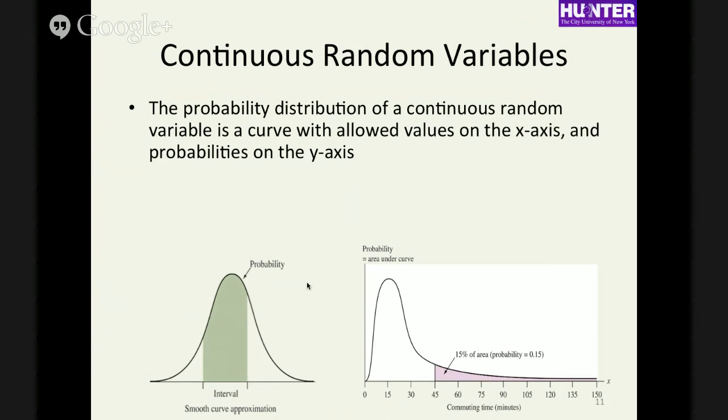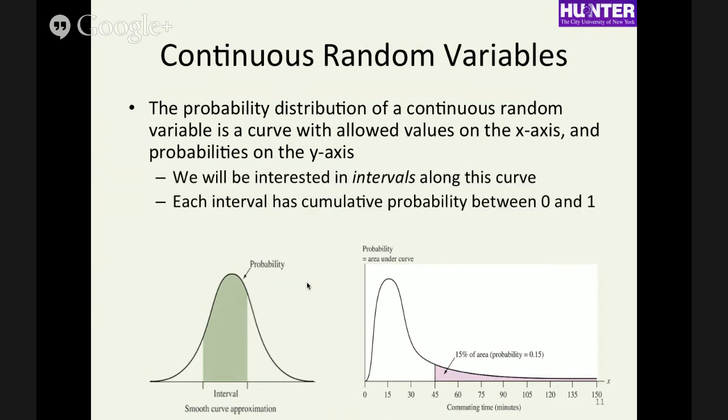So the x-axis here is the value of the variable. So if it's units of BMI, units of weight, kilograms, things like that. And on the y-axis will be a probability. And again, we're interested in intervals, so sections of this curve like you see shaded here.